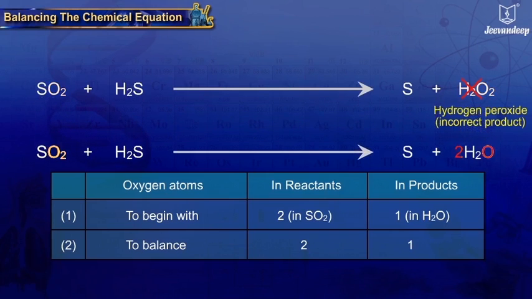We can only change the coefficient of the complete molecule. Thus, the reaction can be written as SO2 plus H2S gives S plus 2H2O.